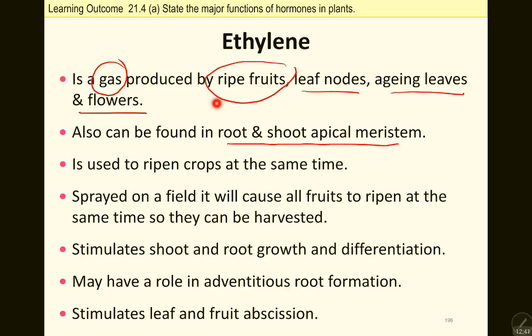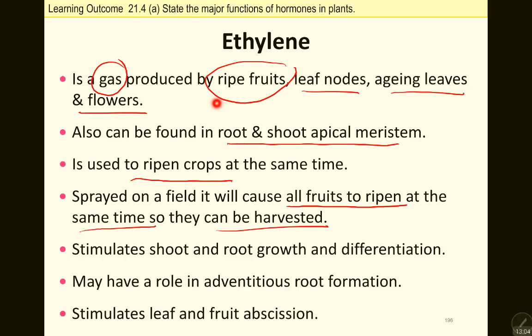So what is the main function here? It is used to ripen the crops at the same time. If the crop is not yet ripened, you can spray the ethylene gas to make it ripen faster. Spray on the field, it will cause all fruits to ripen at the same time so that they can be harvested.